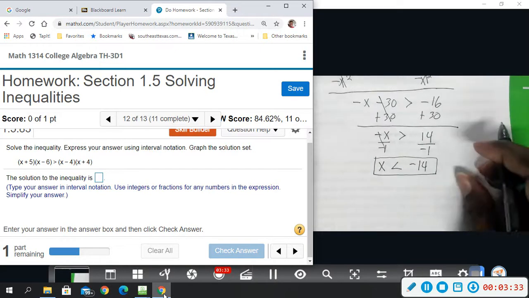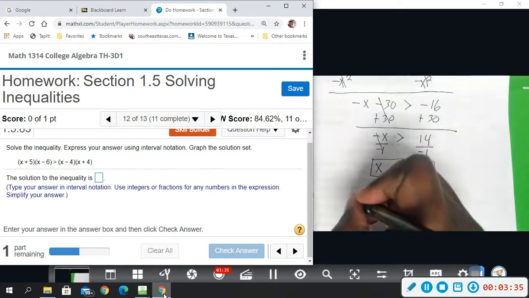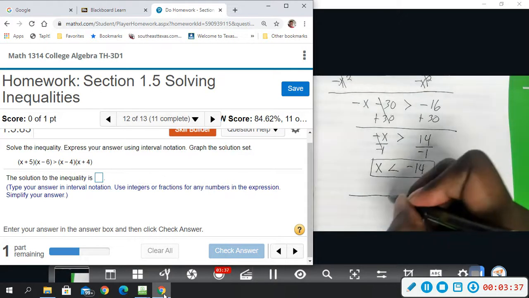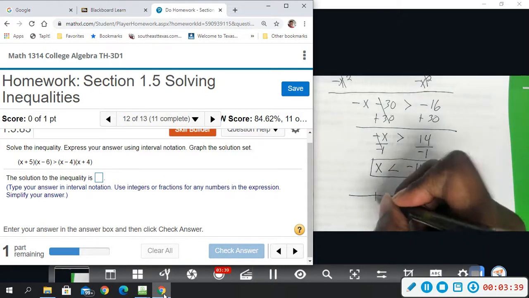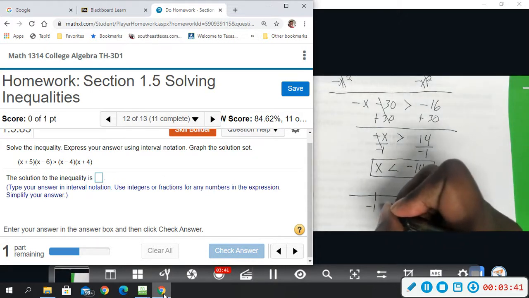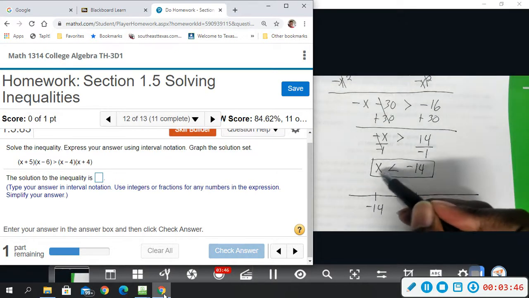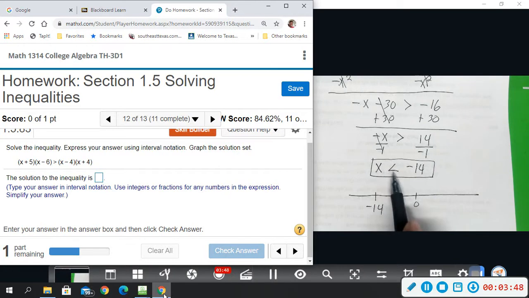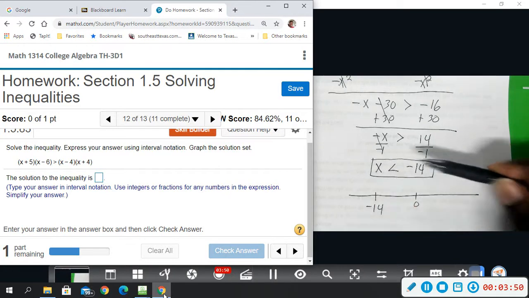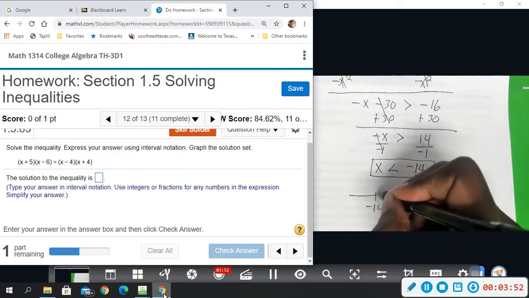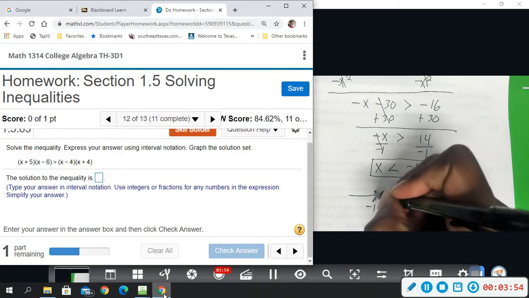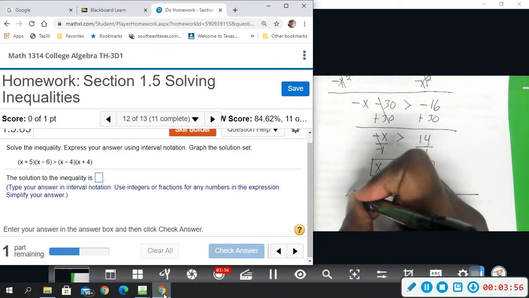If I do this on a number line, you have to graph it. So let's say this is 0. Negative 14 is going to be over here on the left. The inequality arrowhead is pointing to the left. So from negative 14, we're going to the left, all the way to negative infinity.